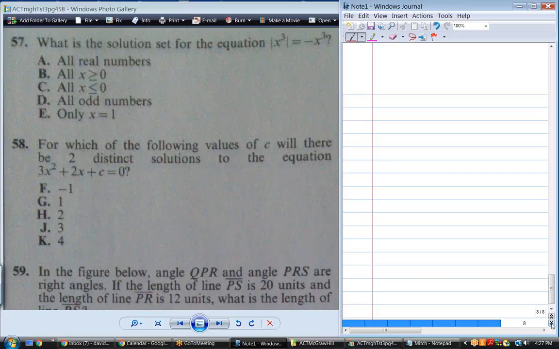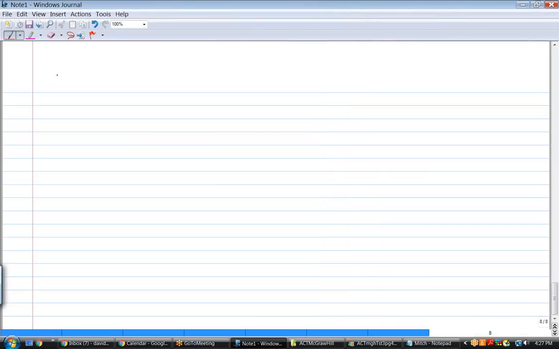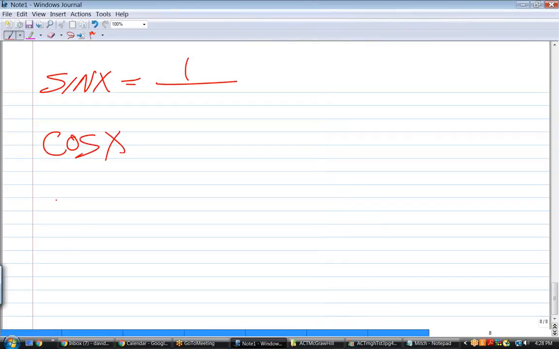Let's review all of them, because these are important. So sine of x equals 1 over what? And let me help out a little bit. We're going to list the 3 most important trig functions, the ones that are on your calculator, on the left. Okay?